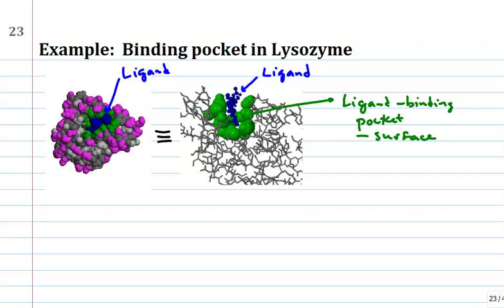But I can guarantee you one thing, that there's shape complementarity, and you can kind of see that a little bit. And I'm sure there's also some charge complementarity, either ionic, or if the ligand's not charged, hydrogen bonds. So that's going to help what we call molecular recognition.